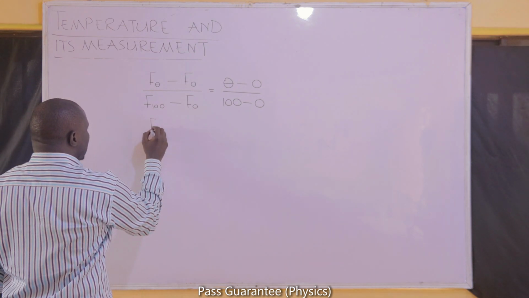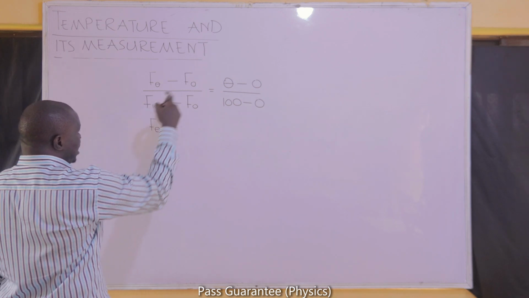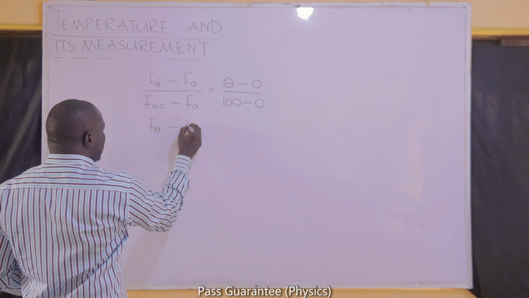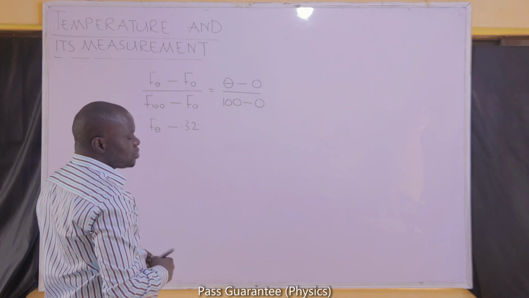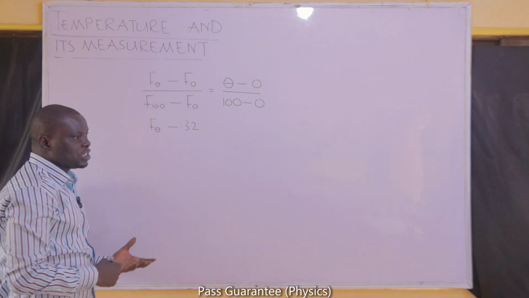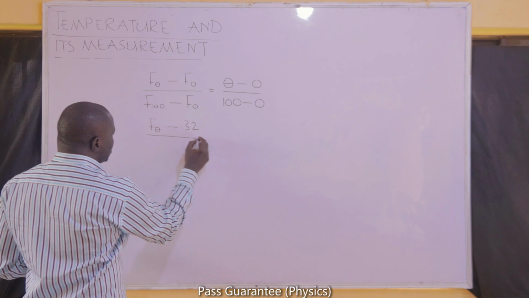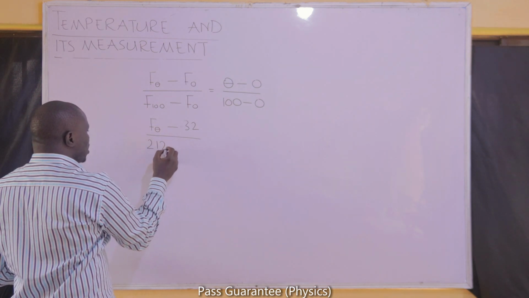I hope you know that the melting point of ice in Celsius is 0. In Fahrenheit, if you don't know that before, let me give you: 32. Water freezes at 32 degrees Fahrenheit and it boils at 212 degrees Fahrenheit.